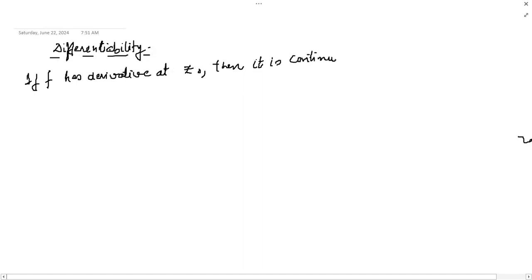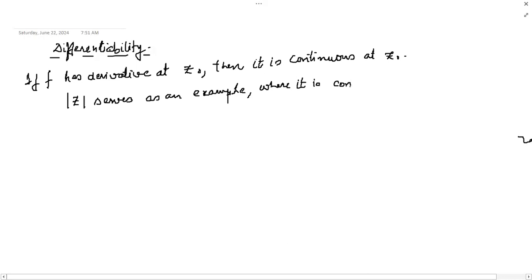And I made a point that the modulus of z serves as an example where it is continuous at 0, but not differentiable at 0. Okay, so mod z is one example.